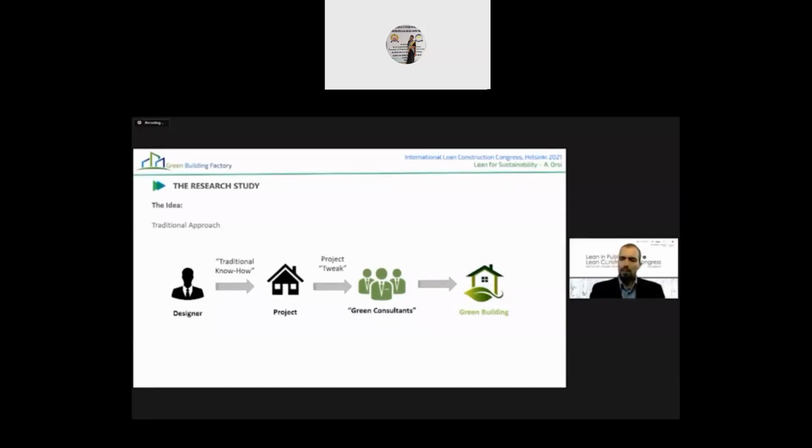The thing is, if we know there is some waste in this bit, how much more waste do we generate down the line? So the idea of implementing lean within this sector was to focus on that bit of the traditional process.